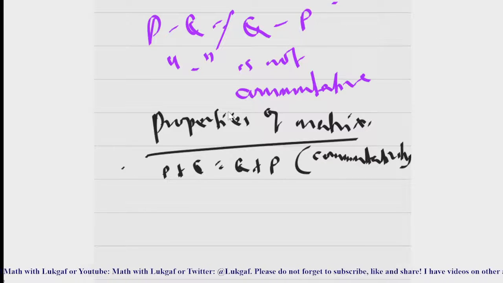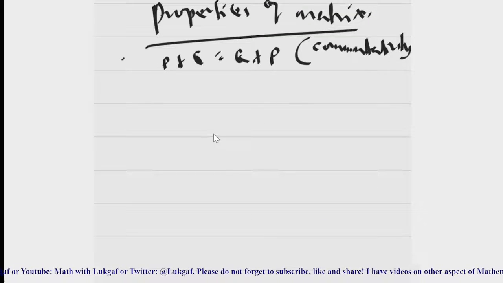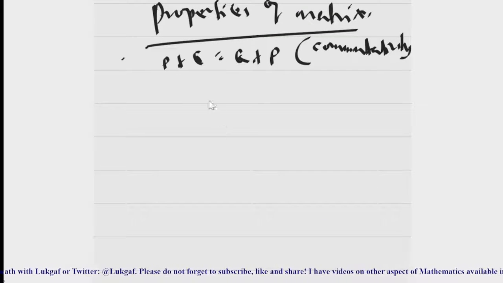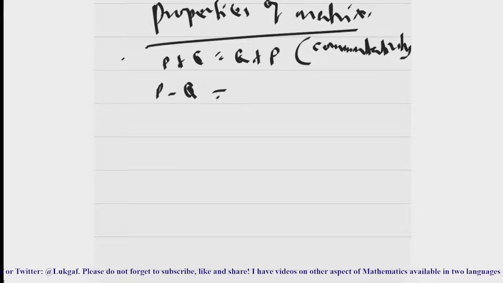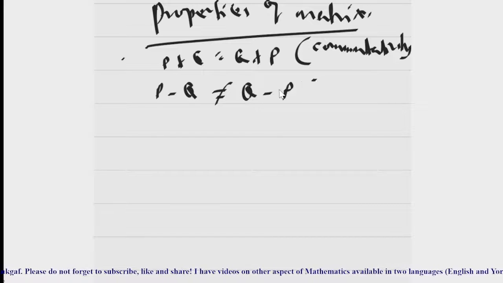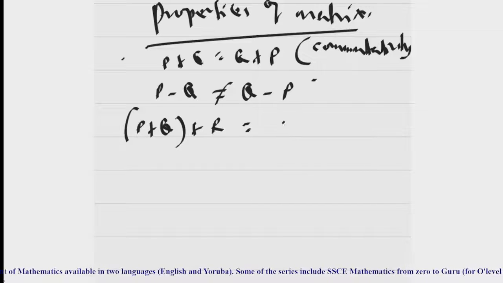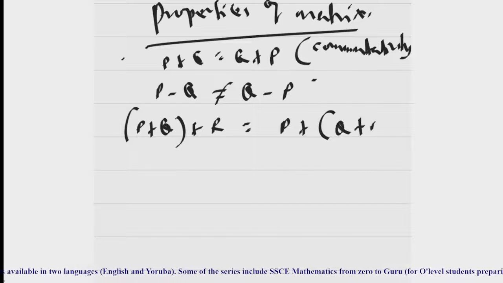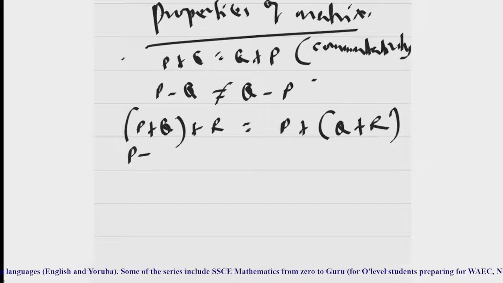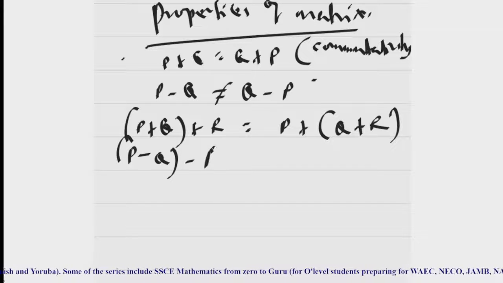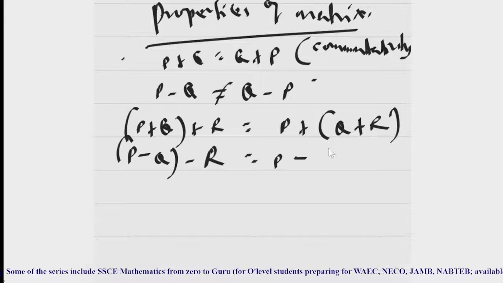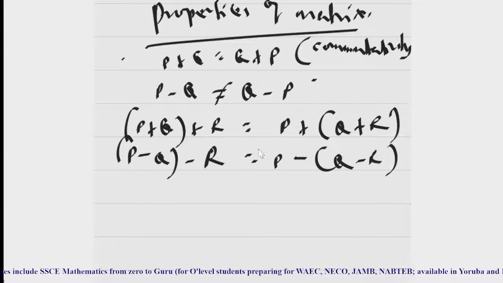Likewise, we know that addition is commutative, right? But P minus Q is not equal to Q minus P. I hope you understand now. In fact, addition satisfies the associative property too. That is when you have P plus Q plus R, it's also the same thing as P plus Q plus R grouped differently. But that's not the same for subtraction. You understand that?